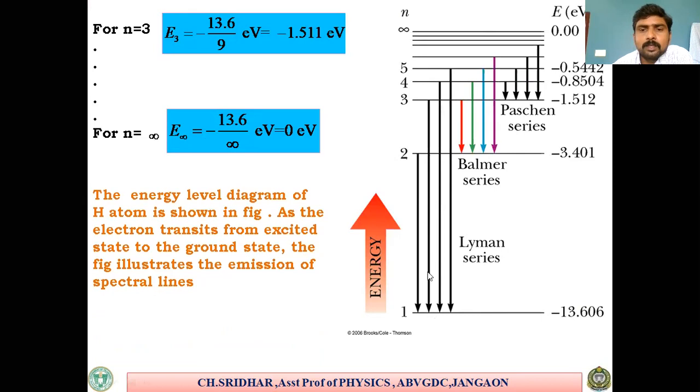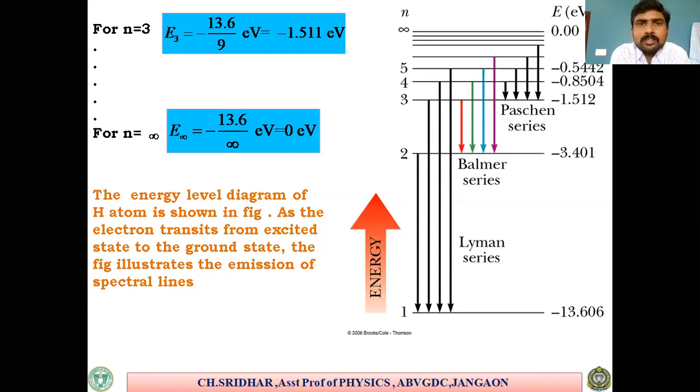If an electron transits from the second state to the first, third to first, fourth to first, fifth to first, all the transitions onto the ground state give a series of spectral lines, and that series is denoted as the Lyman series.